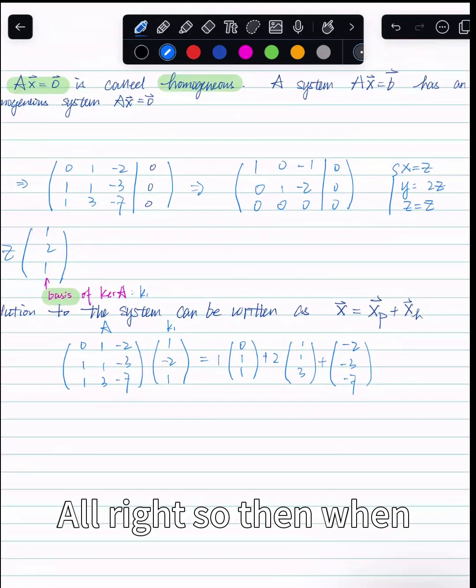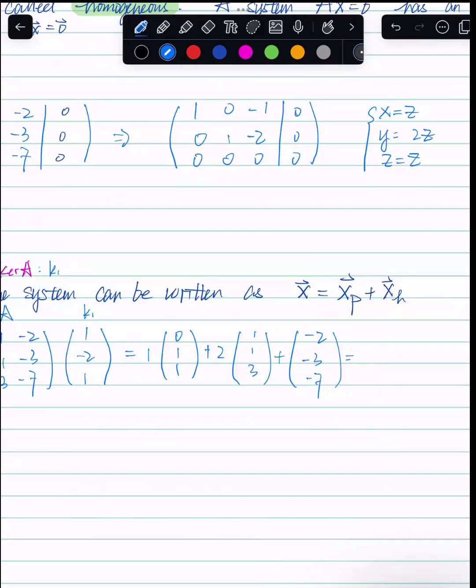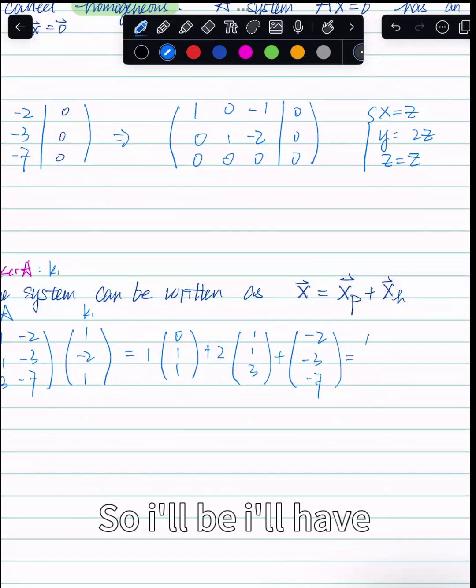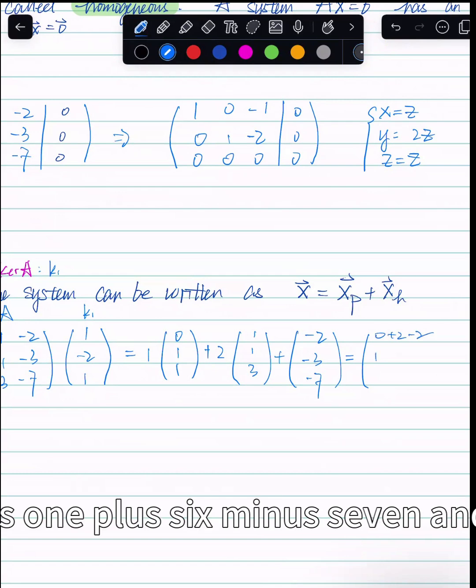All right, so then when we do the multiplication, we'll get the correct answer. The first line is just 0 plus 2 minus 2. Second line is 1 plus 2 minus 3. Third line is 1 plus 6 minus 7. And this gives us the 0 vector.